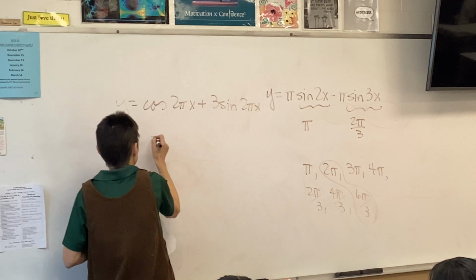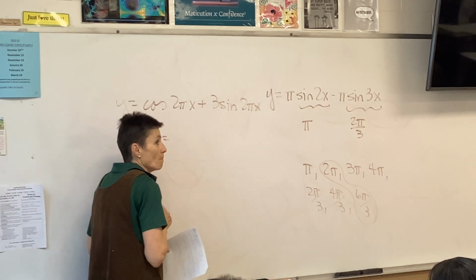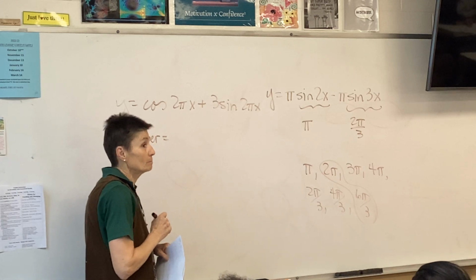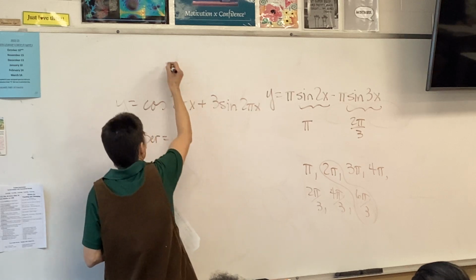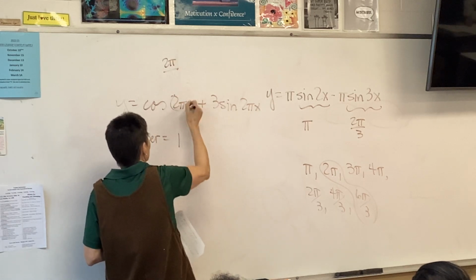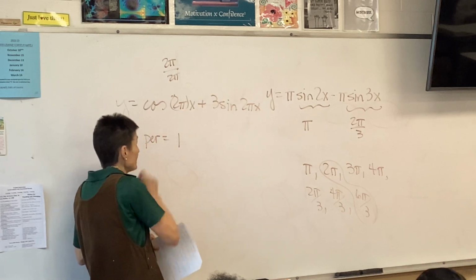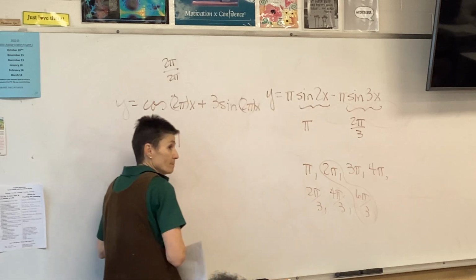All right, what's the period of this one? Be careful. It would just be 1, wouldn't it? Because it's 2 pi divided by 2 pi. So the period of this one is 1. What about the period of this one? 1.